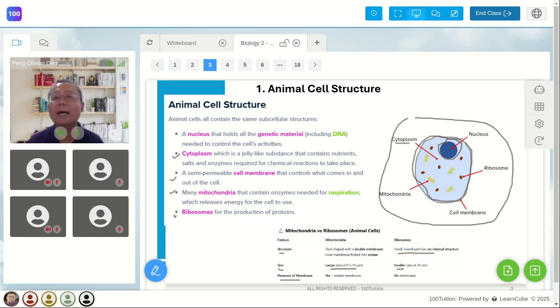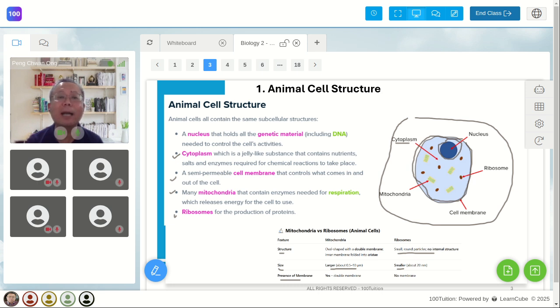The nucleus is quite obvious, usually the biggest organelle in the cell. The cytoplasm is simply the jelly-like structure, and they are covered by a cell membrane. So there are 5 parts in the animal cell structure.